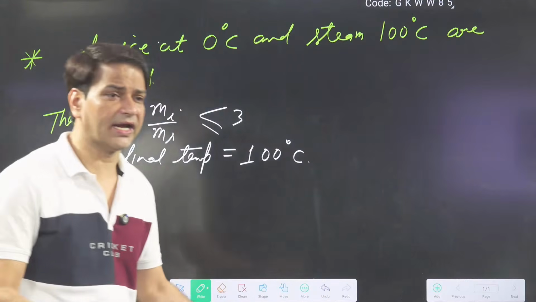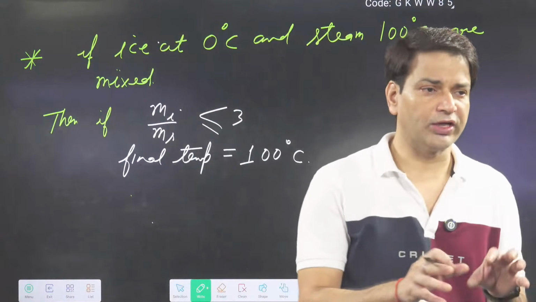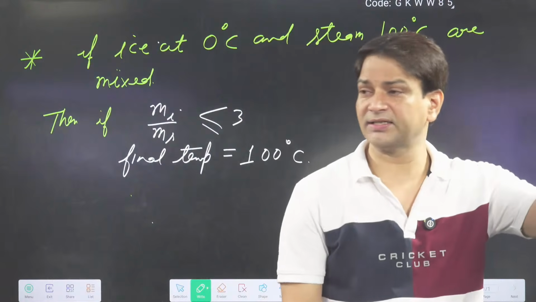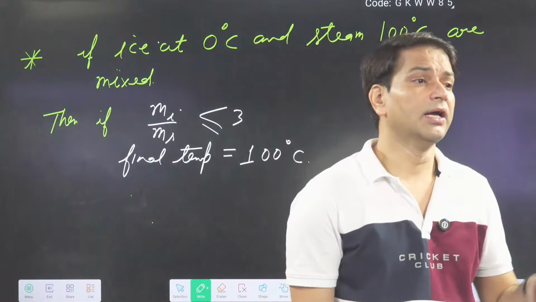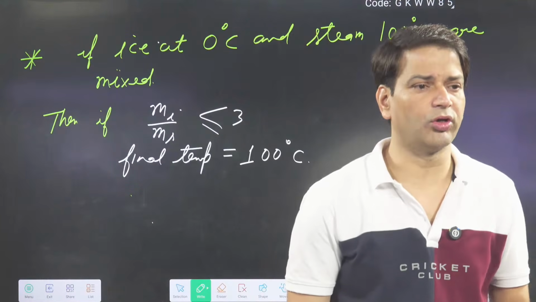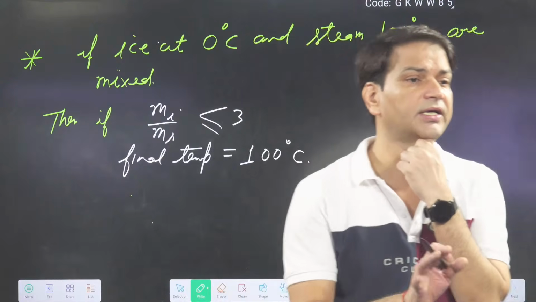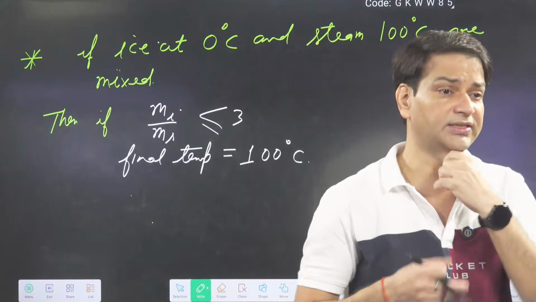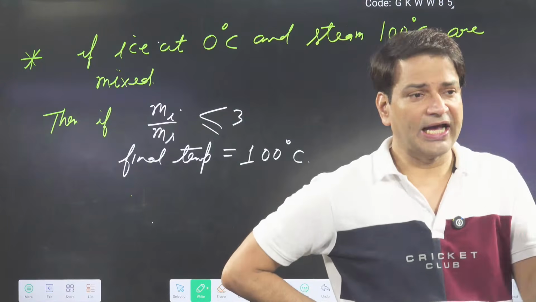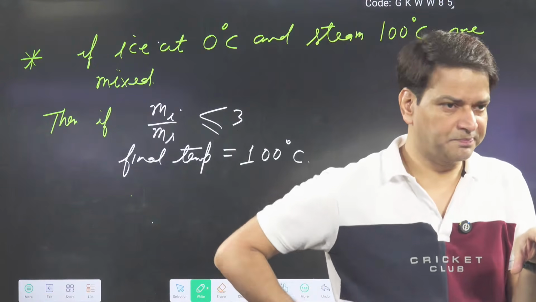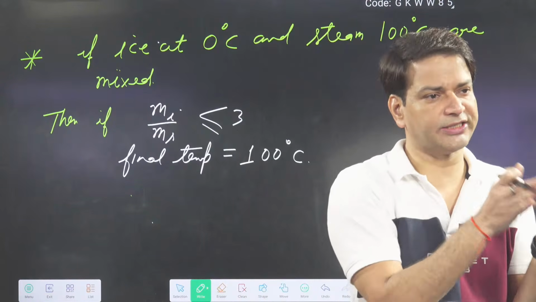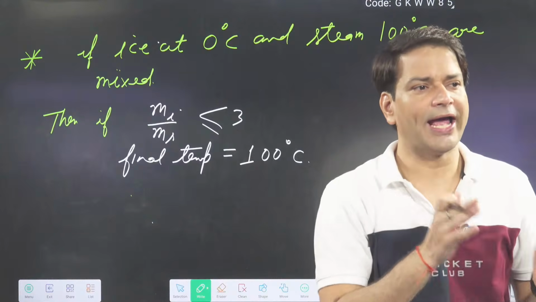So when ice and steam are mixing, first we will find the ratio of the mass of ice and the mass of steam. If this ratio is less than or equal to 3, then we can say directly the final temperature will be 100 degrees C. The reason is: first ice will melt, mi into 80. Then it will go from 0 to 100 degrees C water, m into 100.